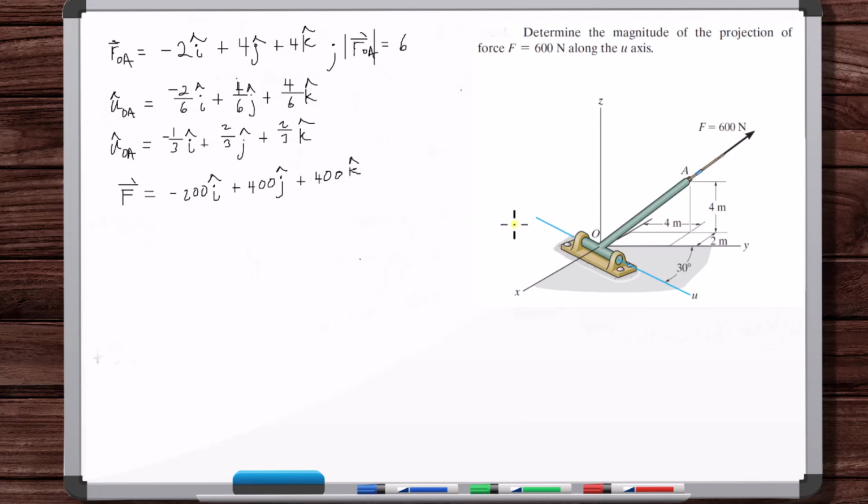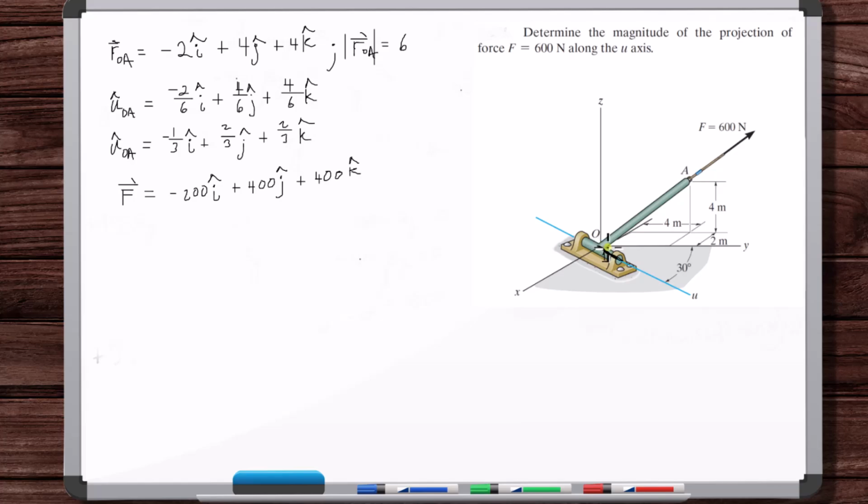Now we need a unit vector in the direction of u. It has no component in the Z direction. It's just in the X and Y direction. If we imagine a vector of unit length 1 here, this has magnitude 1. So what would the components of that be?